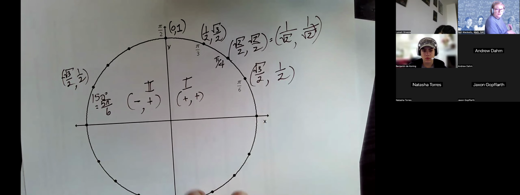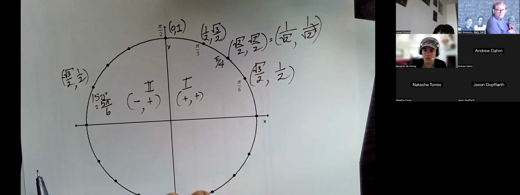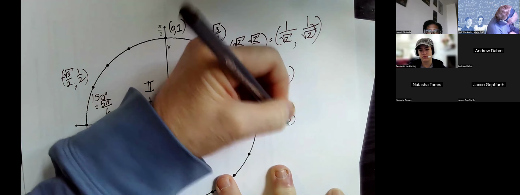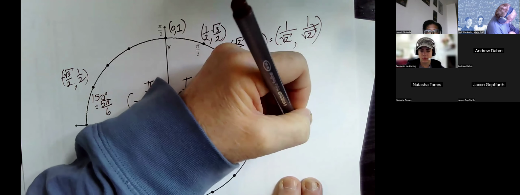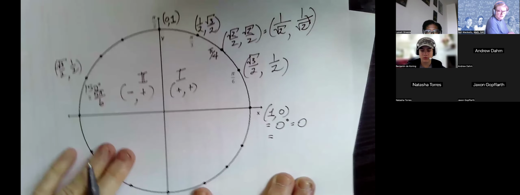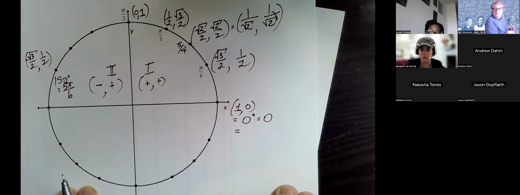We forgot one point in quadrant 1. What is the point here that's shown with nothing describing it? 1, 0. Beautiful. And we call this 0 degrees or 0 radians, but it's also going to be the same as what? 2 pi.